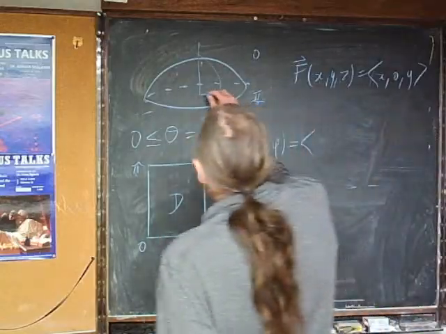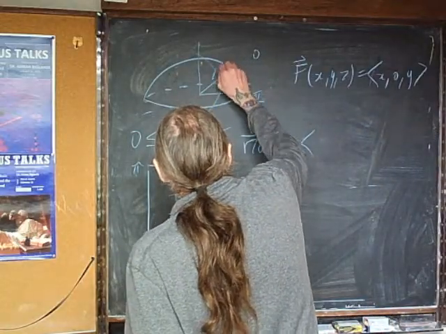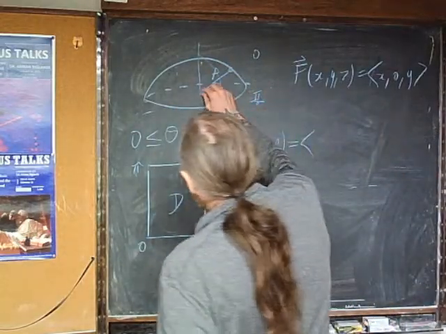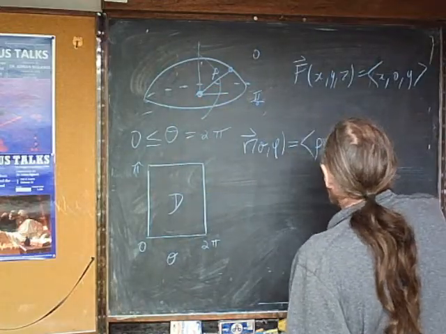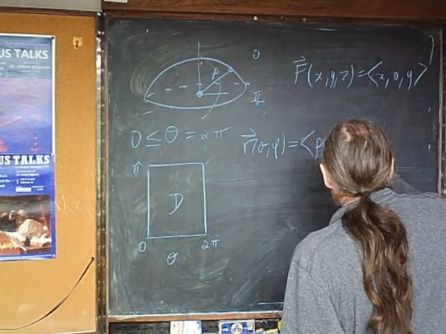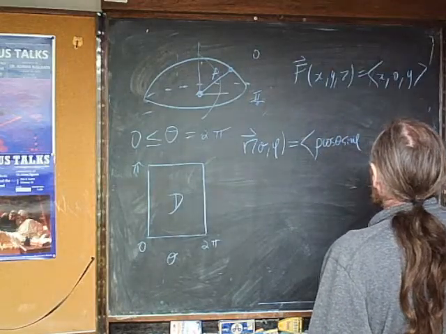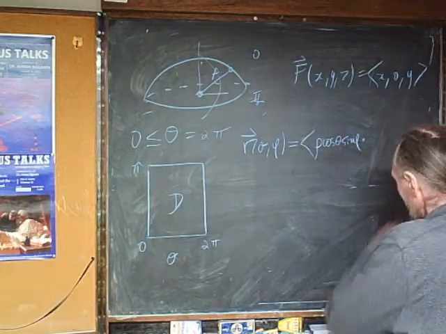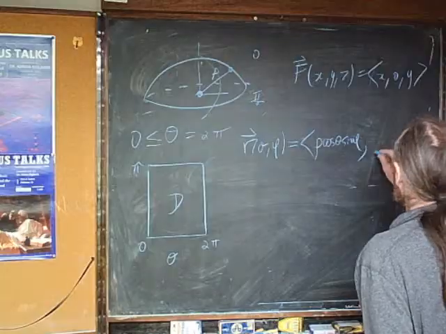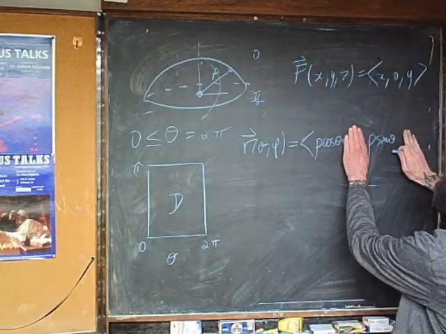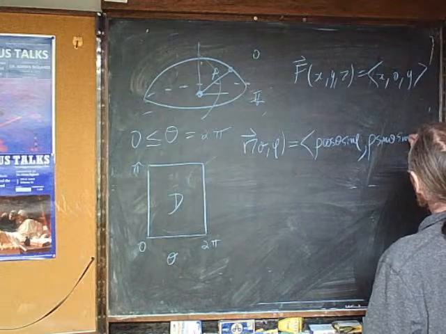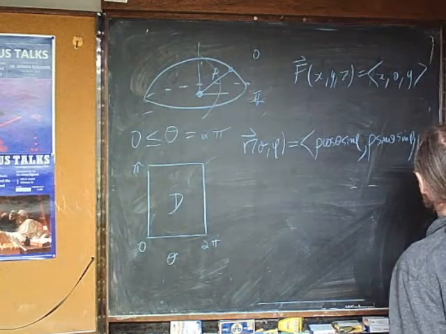Should we use rho? Okay, we'll just use rho. So that's the sphere centered at the origin. Let's use the unit one at least. So it's going to be rho cos theta sine phi, comma, rho sine theta. Basically, it's polar coordinates, and then you add sine phi, and then the last coordinate is rho cos phi.